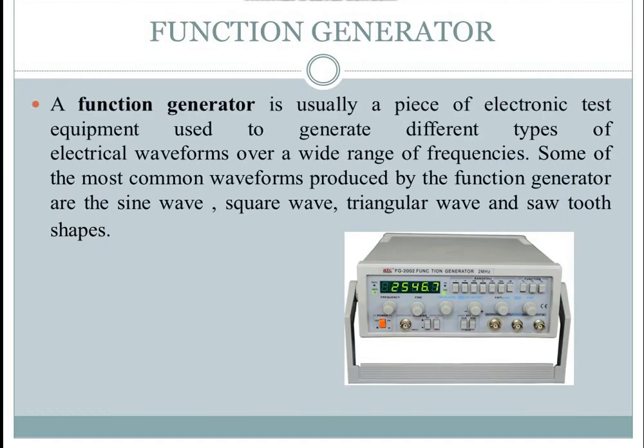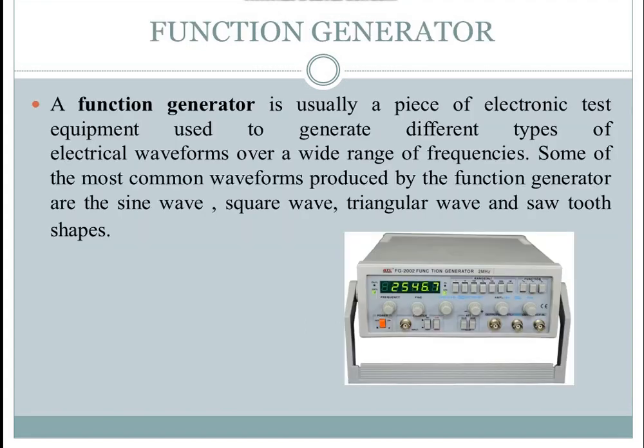Next, the function generator is a piece of electronic test equipment used to generate different types of electrical waveforms over a wide range of frequencies. The most common waveforms are sine wave, square wave, triangular wave and sawtooth. The function generator has a display showing our input signals, and 3 frequency ranges: hertz, kilohertz and megahertz.